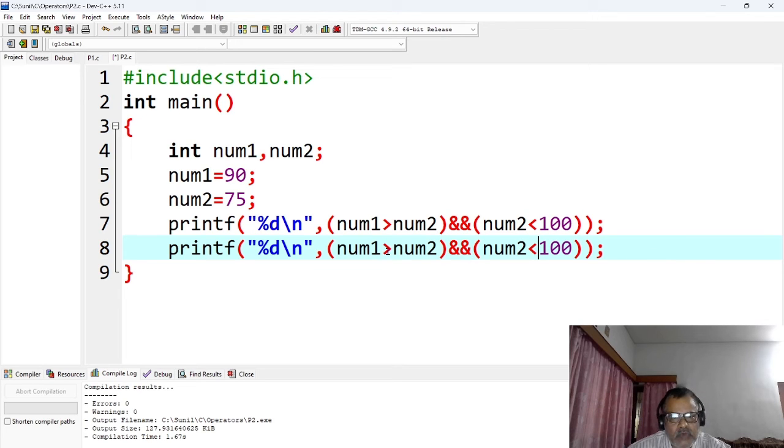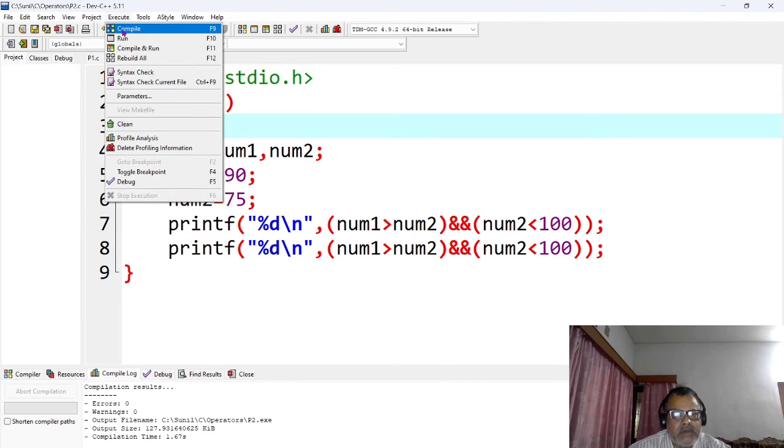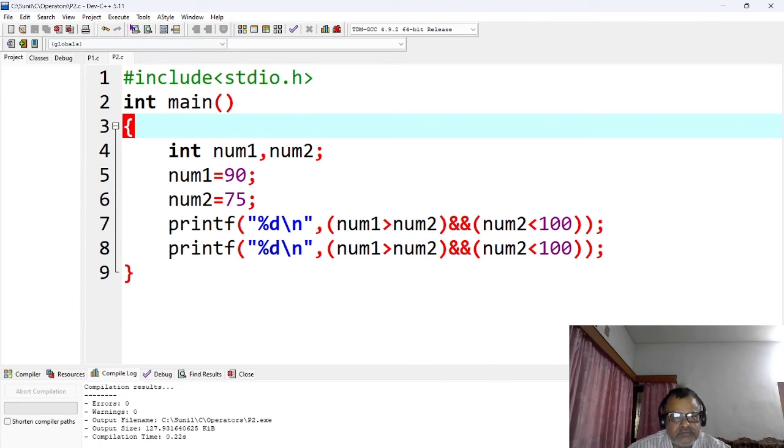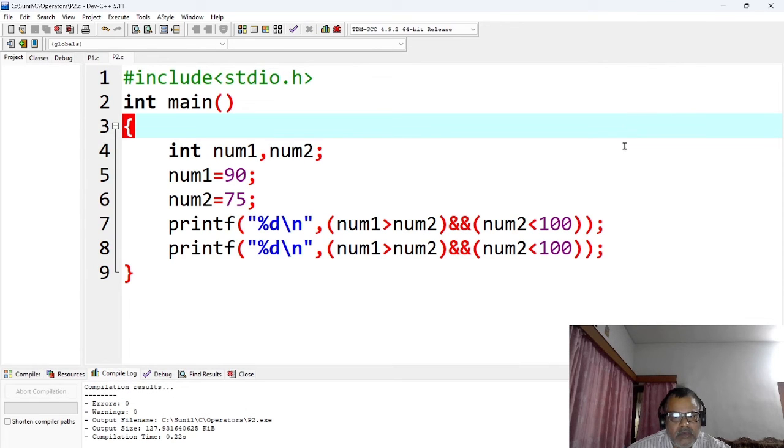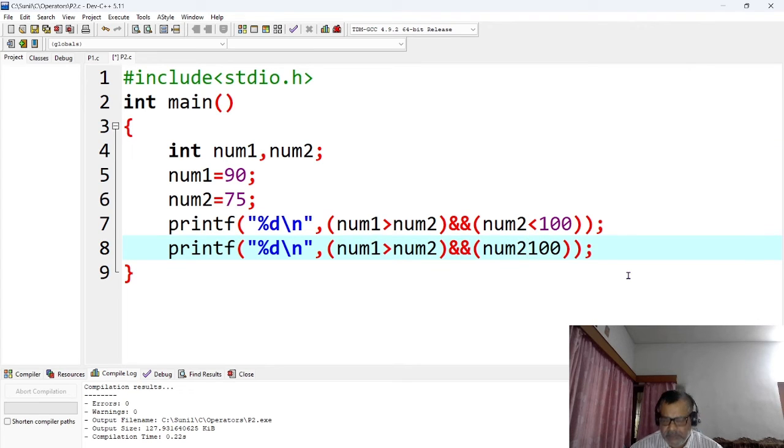Why? Because this expression is true, but this expression is false. So let us check what will happen. It is again 1 and 1. Oh, actually we should change it.